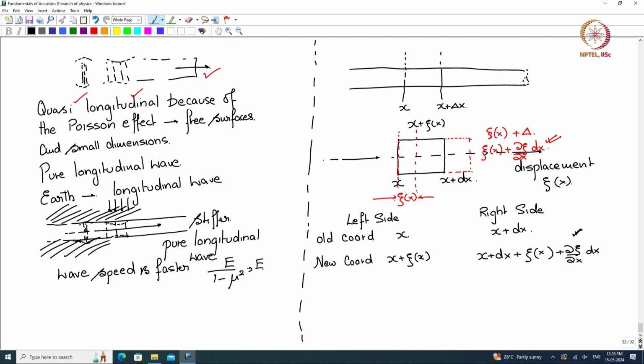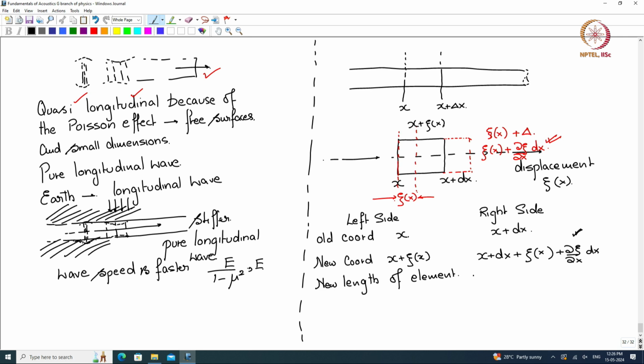Then we have the new length. Okay, what is the new length of the element? New length of the element is the right hand coordinate minus left hand coordinate.